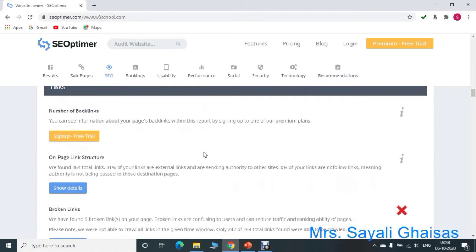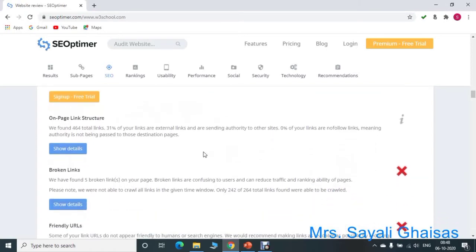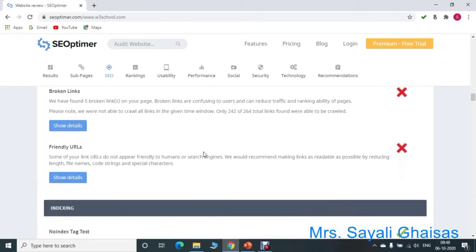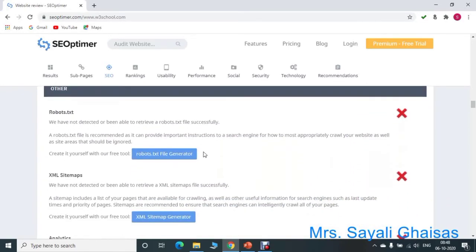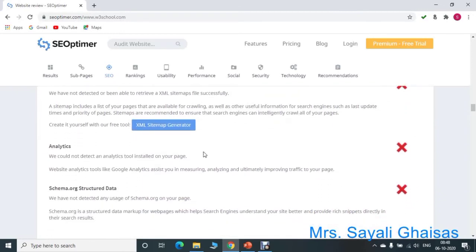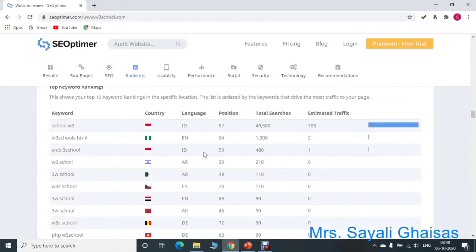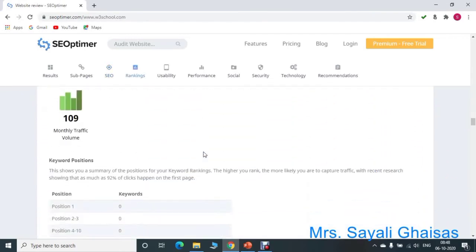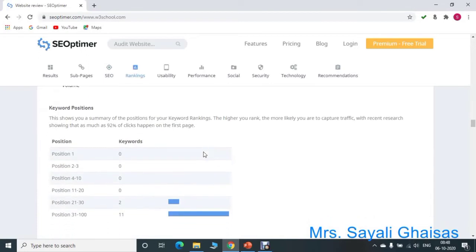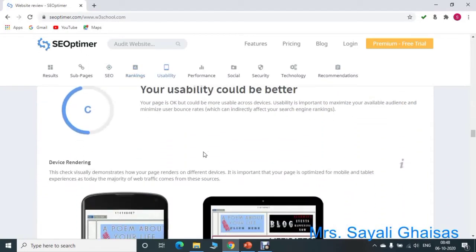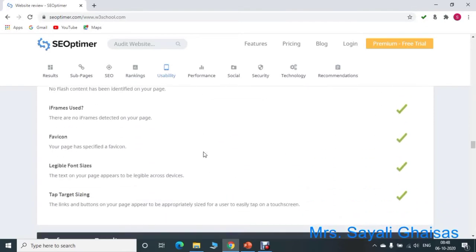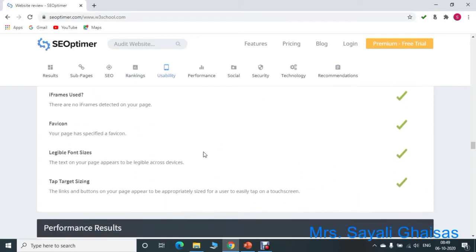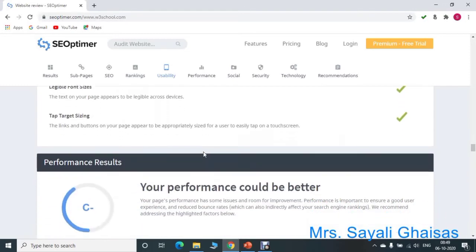Then links, backlinks, on-page link structure, broken links, friendly URLs, then indexing and some other factors that we have also discussed, like robots.txt, analytics, then rankings, monthly traffic, usability of your website, Flash, favicon, iframes, tab targeting, legible font sizes.